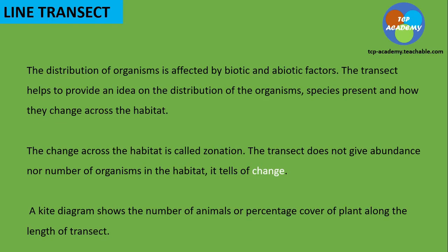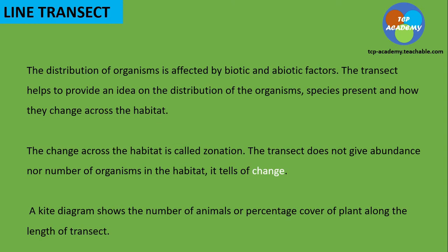The transect helps to provide an idea on the distribution of organisms, species present, and how they change across the habitat. Now, these are three salient points that we must remember once we are talking about line transect: the distribution of the organisms, the species that are present, and how they change across a habitat.